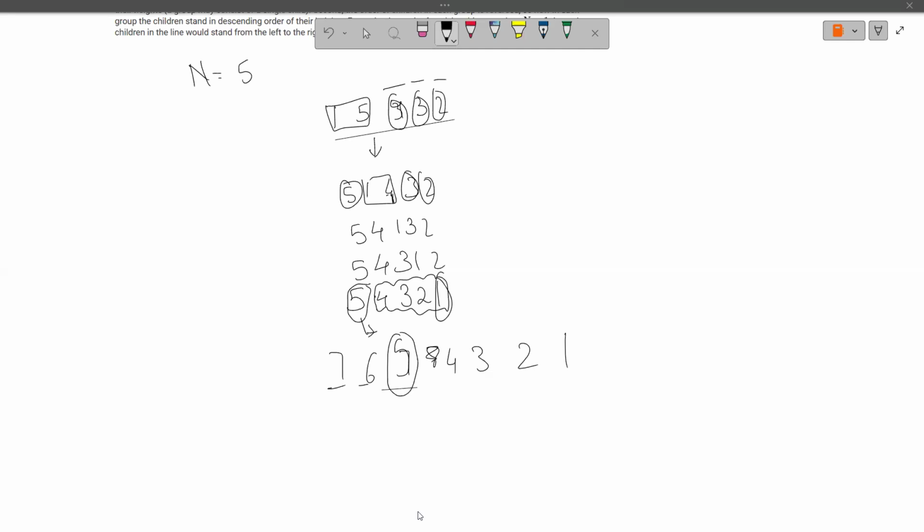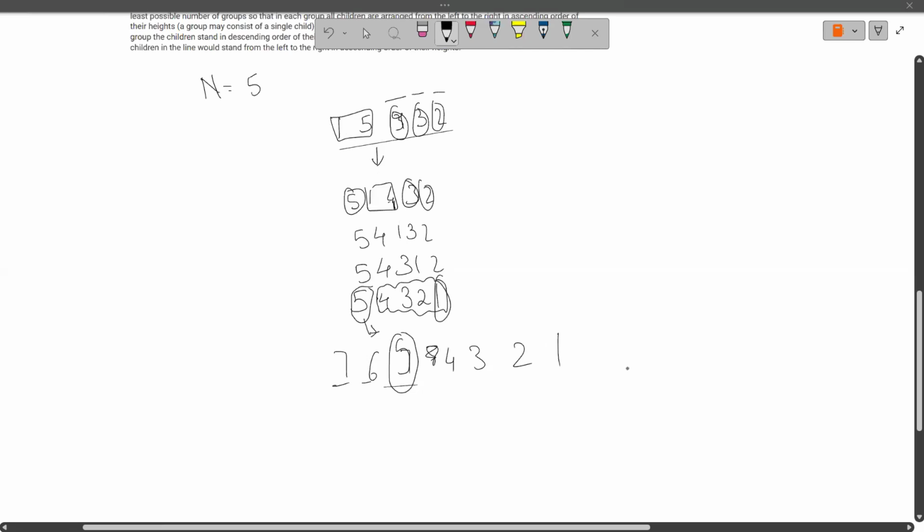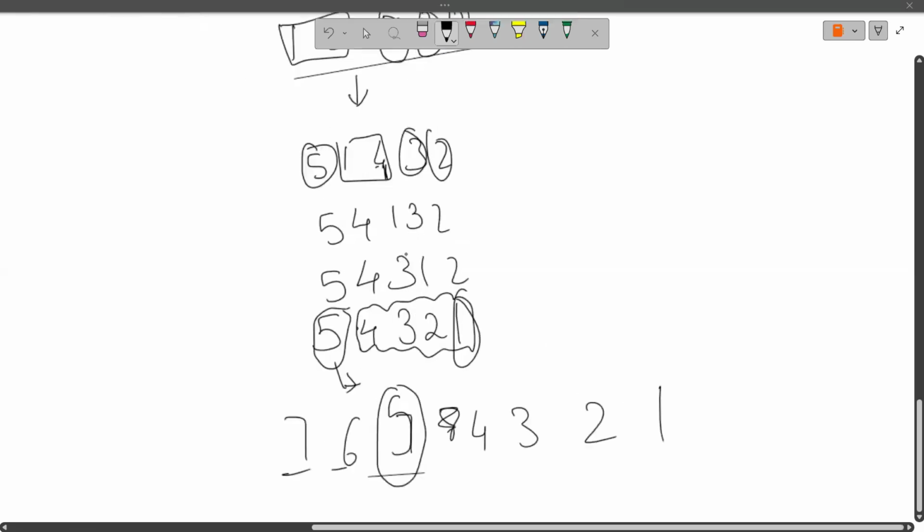And if we don't have that, then we get some other decreasing sequence which is longer. I'm not sure though if we can show that, if that is actually true or not.